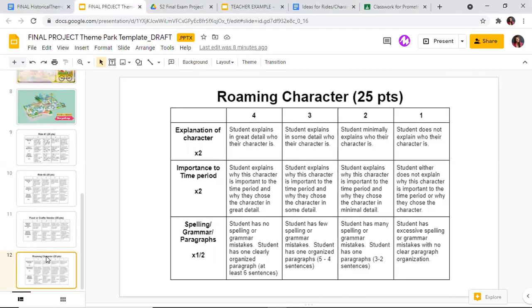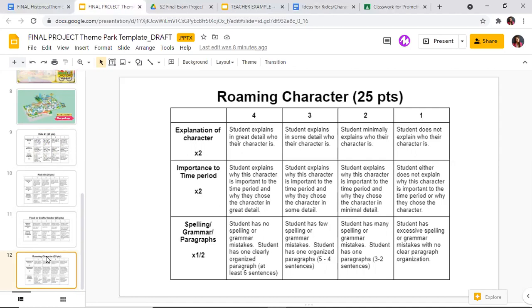To get your full 25 points for your roaming character, you've explained in great detail who the character is. No one-word answers. You've explained why this character is important to the time period and why you chose this character in great detail, connecting it back to the themes and key points from that unit of study.